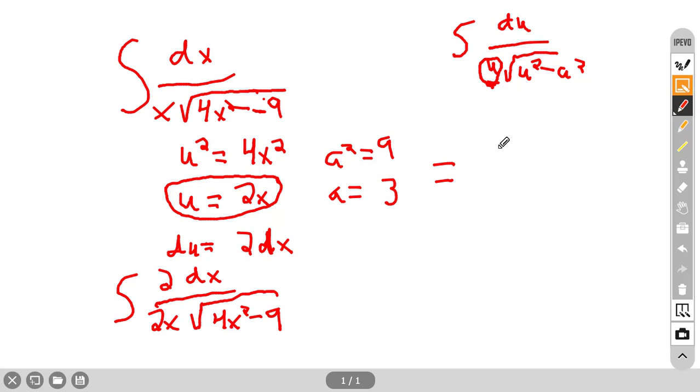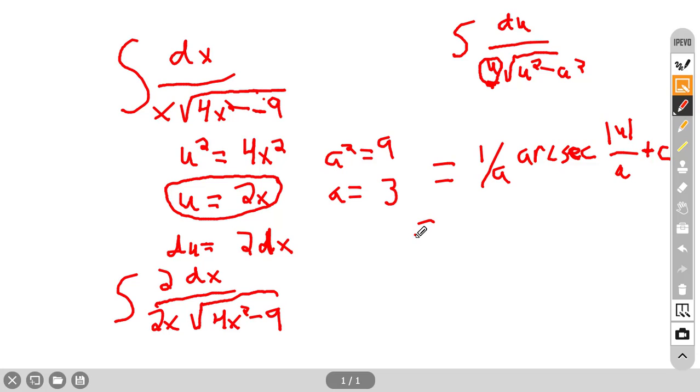So when it matches up, remember this is equal to 1 over a times the arcsecant of the absolute value of u over a, plus c. So now it's just a matter of substitution.